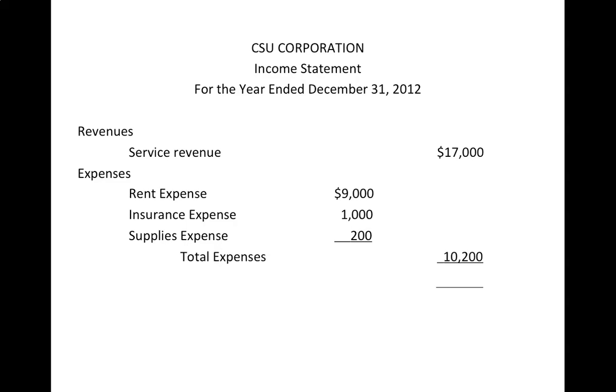Total expenses were $10,200. And then we'll find out if we have a net income or net loss. You subtract. Take your revenue minus your expenses. Since your revenue is bigger, we will have a net income. We put the double rule to show that we are finished with this document.